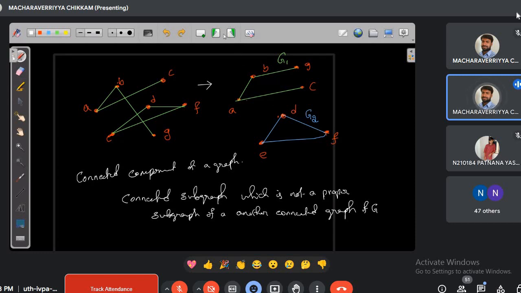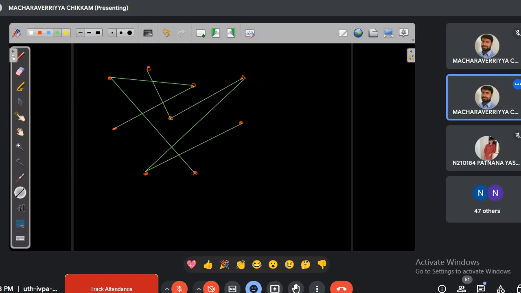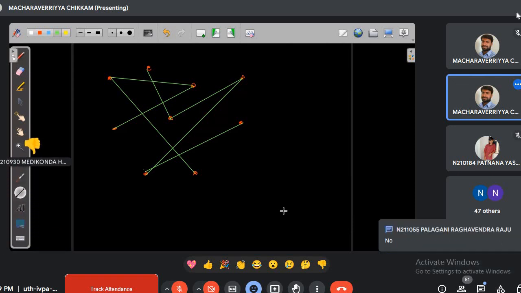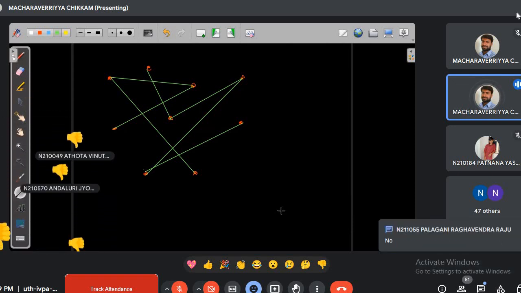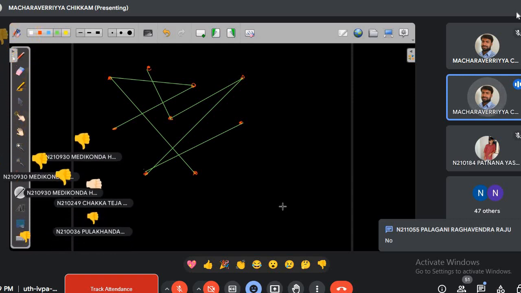Now let me take some other graph. I think I'm making the thing so complicated. So is this graph connected? No. You can clearly see, how many connected components can you see here?